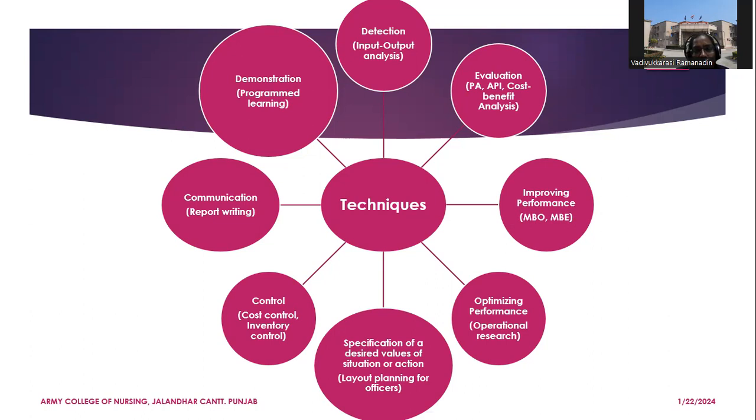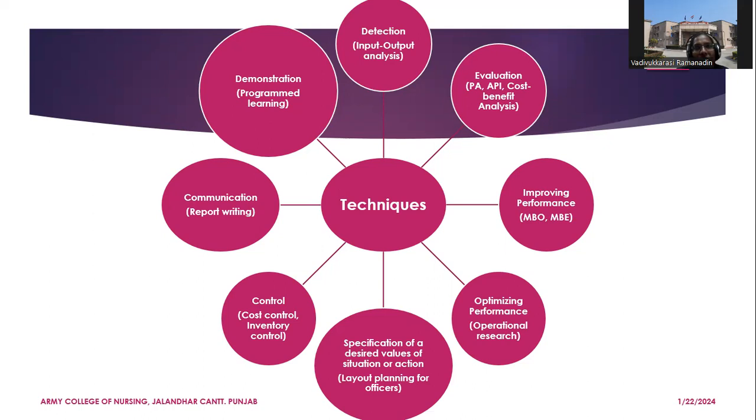The next is optimizing performance. It could be done by operational research. For example, we wanted to improve production. So what best we have done to facilitate the work environment had an impact on the production. That is optimizing performance. For example, we wanted better results for the college students.